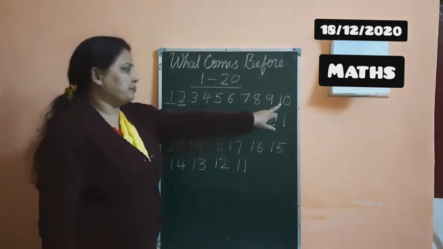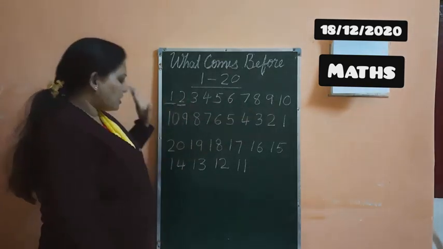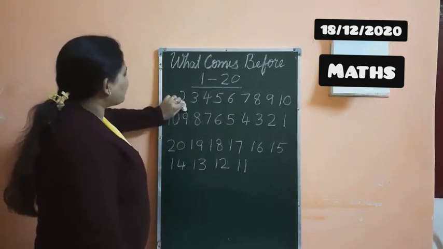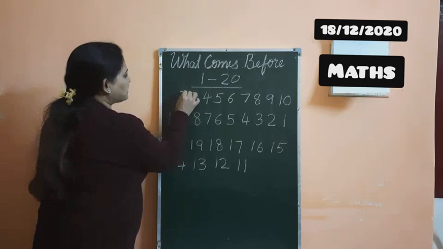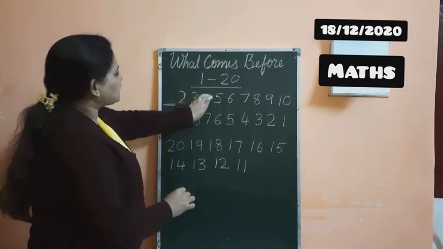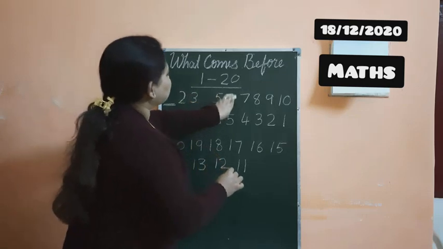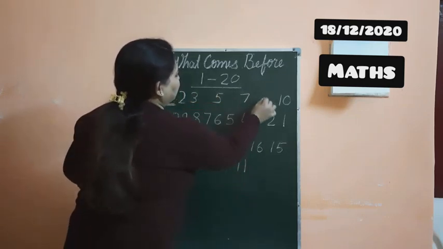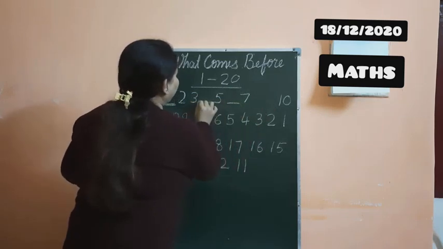When we see from the back, I will rub this number. Now you can see here the place is for a dash. I will rub this number, and you have to tell the backward number.